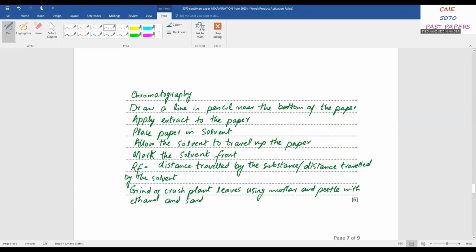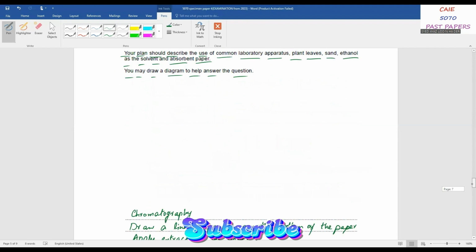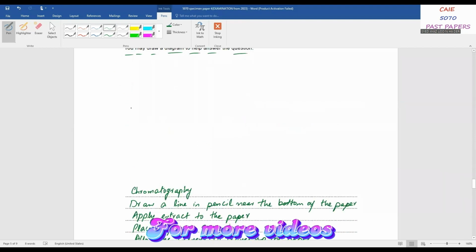Then last point, filter the liquid. If you want to draw the diagram, you can draw the diagram for chromatography, paper, and everything.